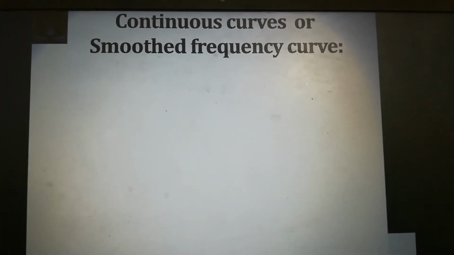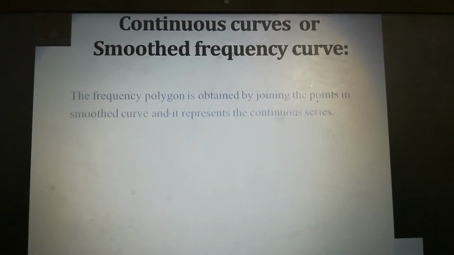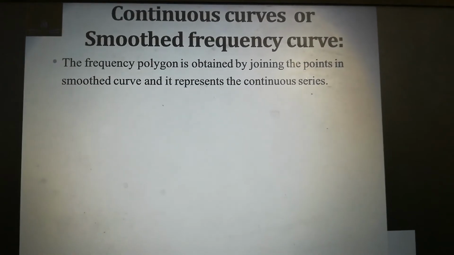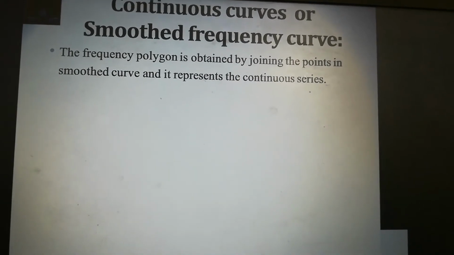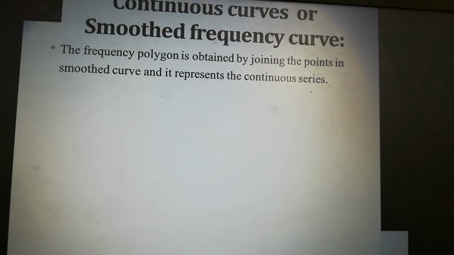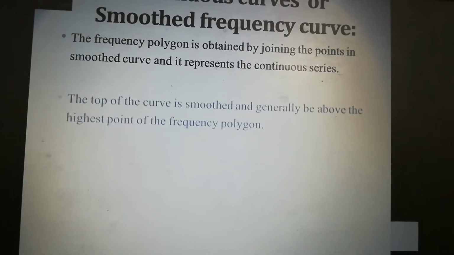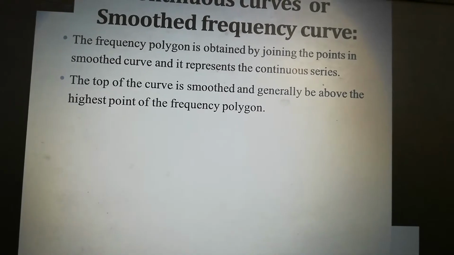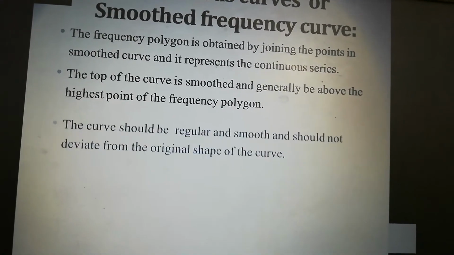On the other hand, when we have a continuous curve, a smooth frequency curve is obtained by joining the points with a smooth curve, and it represents the continuous series. The top of the curve is smooth and generally above the highest point of the frequency polygon.